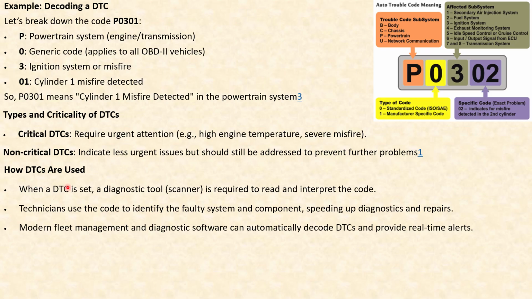Now, how are DTCs used? When a DTC is set, diagnosis is required: read and interpret the code. Technicians use the code to identify the faulty system and component, speeding up diagnostics and repairs. Modern fleet management and diagnostic software can automatically decode DTCs and provide real-time alerts.